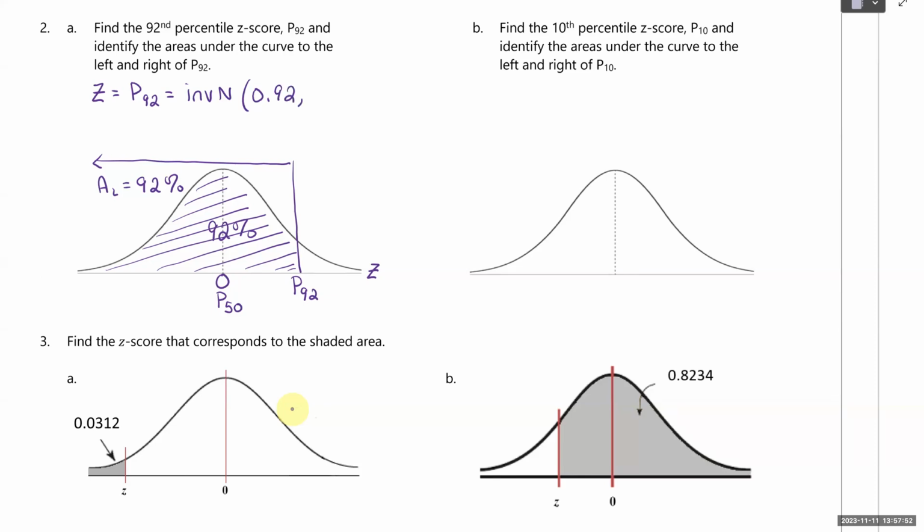And usually with inverse norm, you need to put in the mu and the sigma. But if you leave those out, it's the default on the calculator, and the calculator will assume it. So usually just to save some typing, we do leave that off.